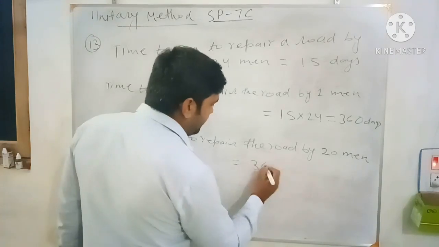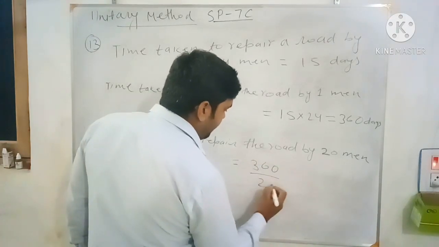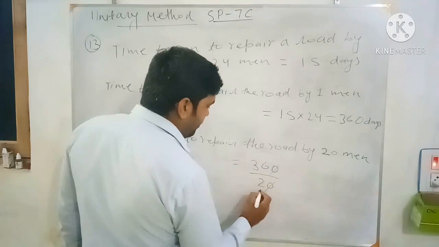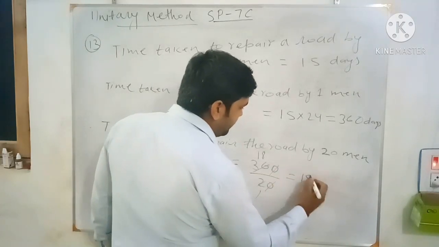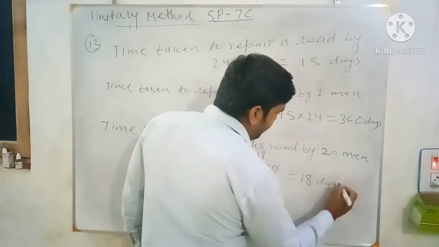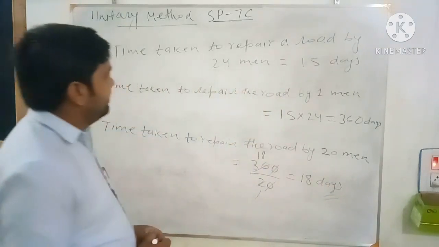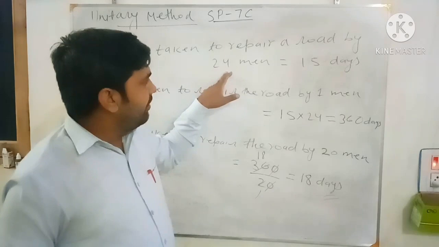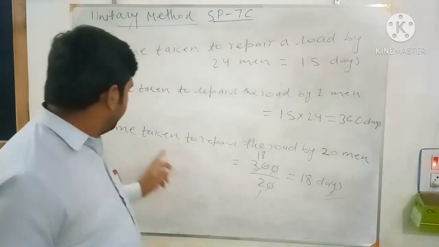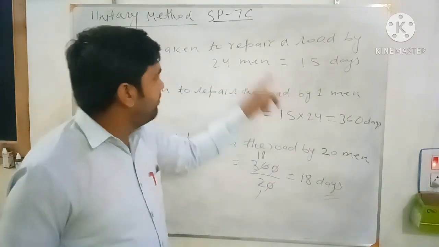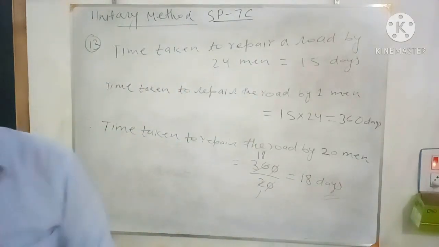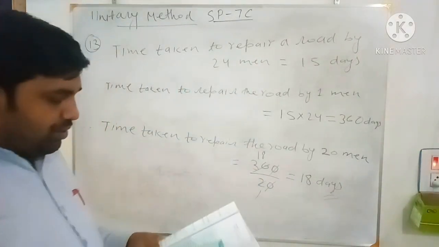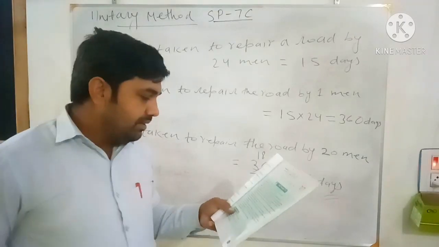So 360 divided by 20. 0 is cancelled. 2 ones are 2, 2 eighteens are 36. So 18 days. So 24 men complete the work in 15 days, and 20 men will complete the same work in 18 days. Like this we have to do. Okay. So similarly, you can do question number 14. I am leaving it as homework.